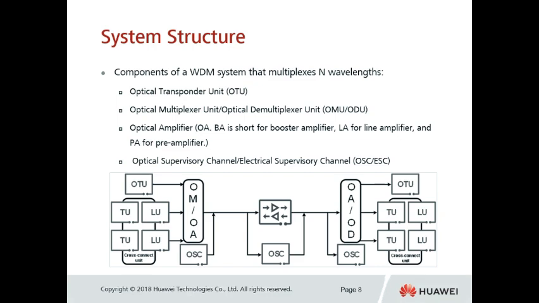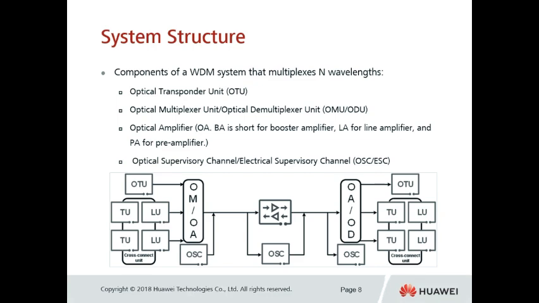So we need one special wavelength to help us transmit those special signals, which are not service signals. So OSC will launch this kind of signal. Then OSC will be multiplexed into the main path and transmitted with your client service.